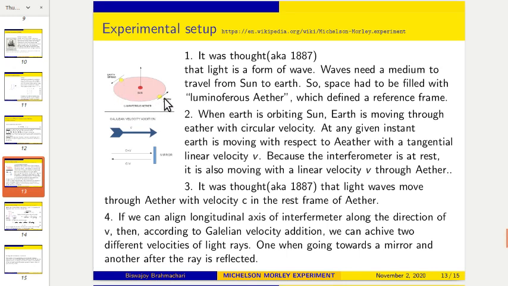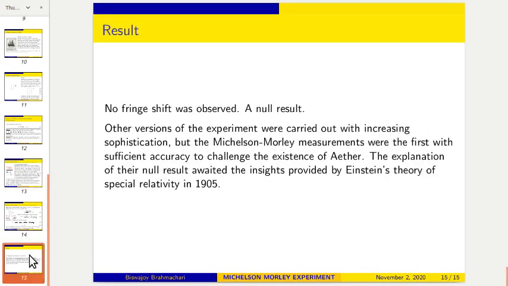So that is a null result. Other versions of the experiment were carried out with increasing sophistication, but the Michelson-Morley experiment was the first with sufficient accuracy to challenge the existence of ether.